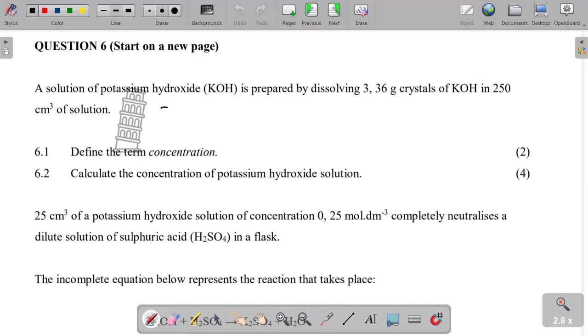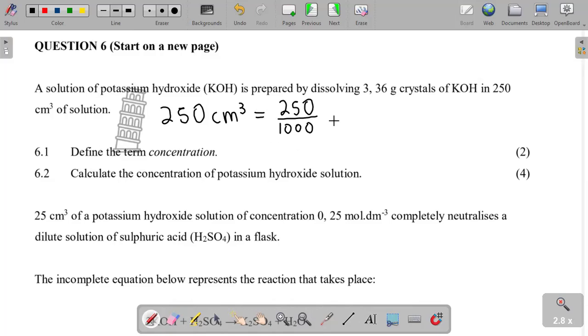So we start by conversion. 250 cubic centimeters will be equal to 250 over what? Over 1000.